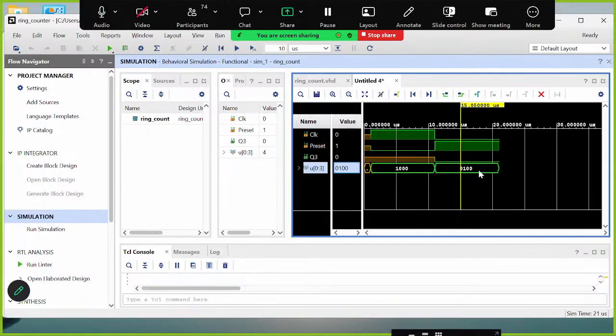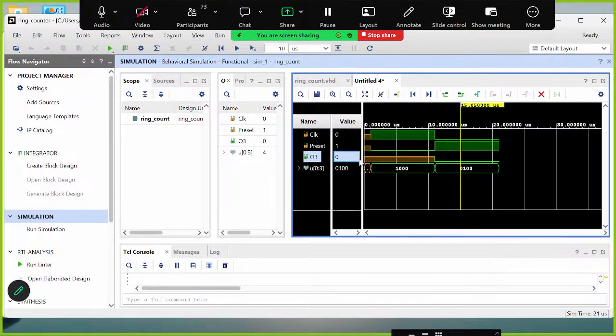Now you can see on the negative edge of the transition, it is working perfectly. It is shifted to 0 1 on the first clock cycle. The data goes to 0 1 0 0. Now again, you can see Q3 will also update with the value 0.